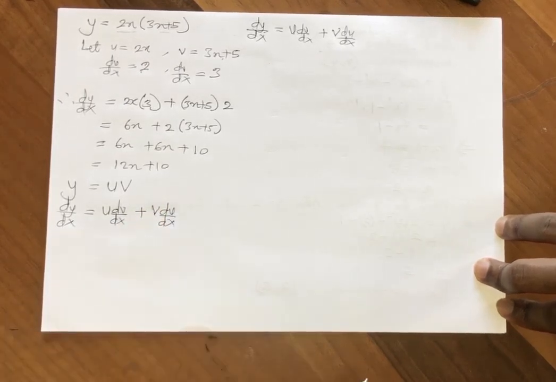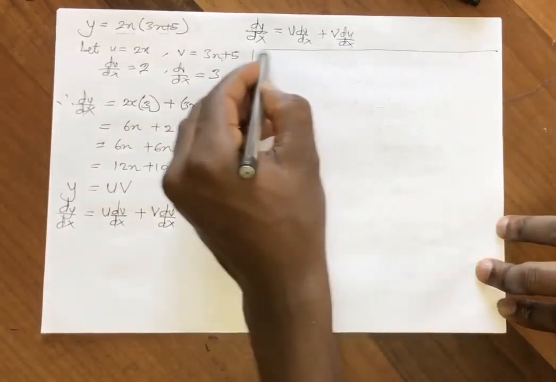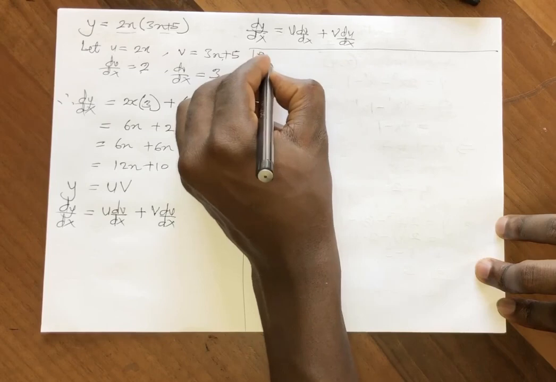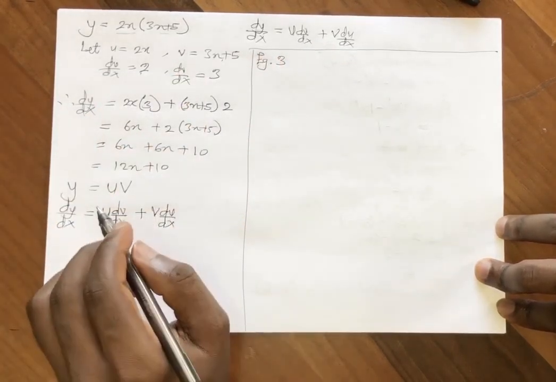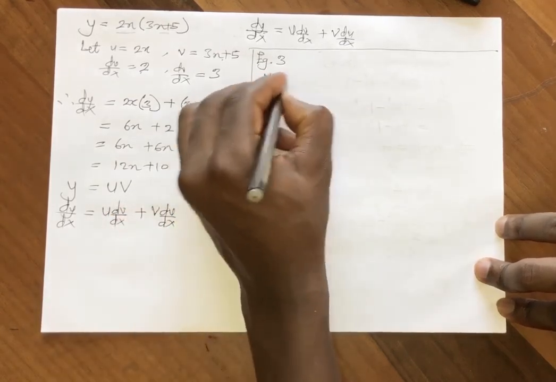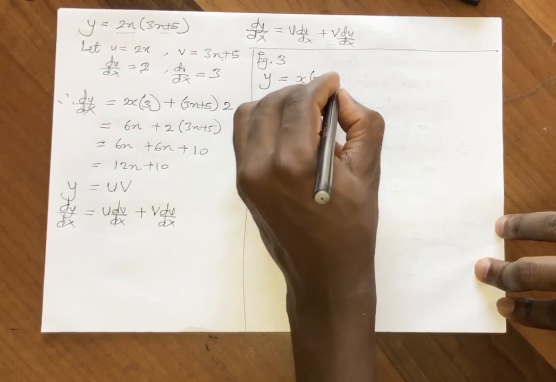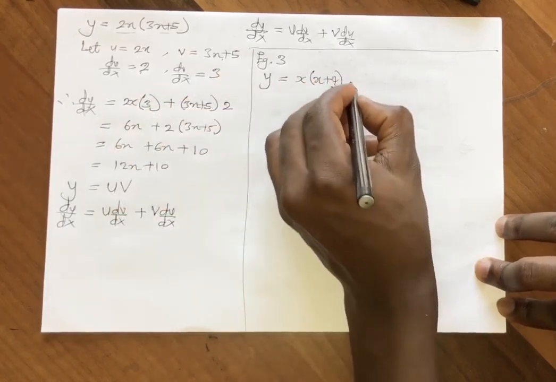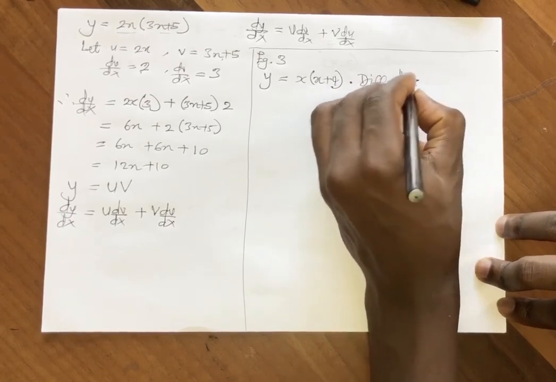So we are going to solve another example. We shall call it example 3. And this time round, we will not use any formula. We would just use the meaning and then work with it. So y is equal to x into (x plus 4). The instruction is to differentiate this function.